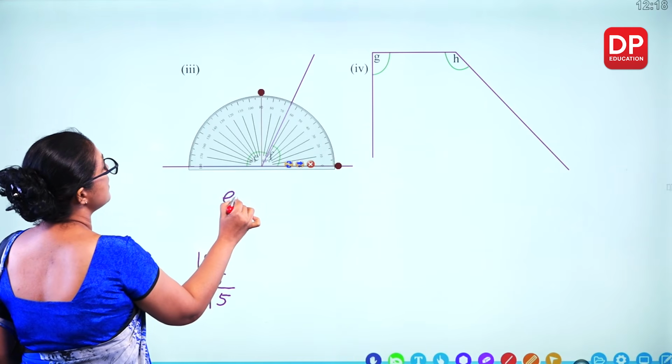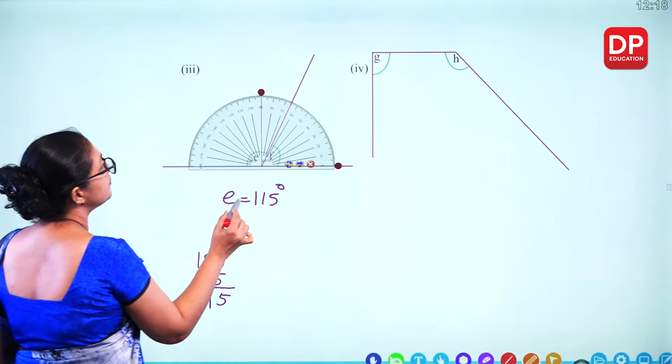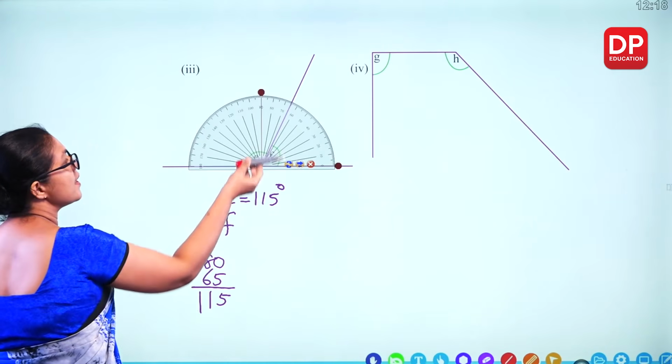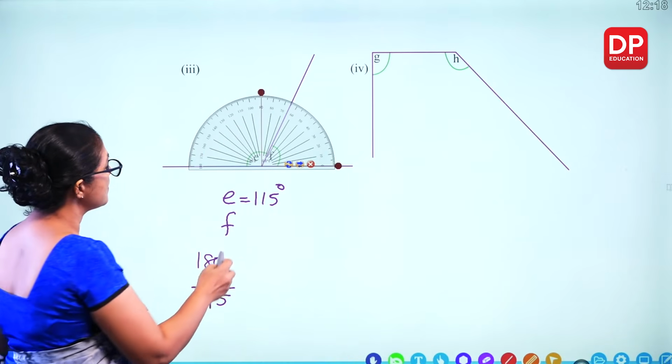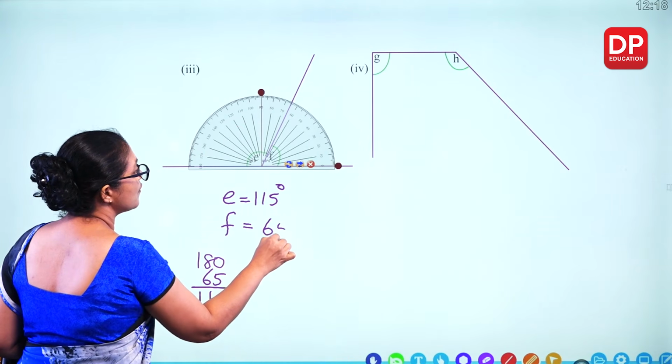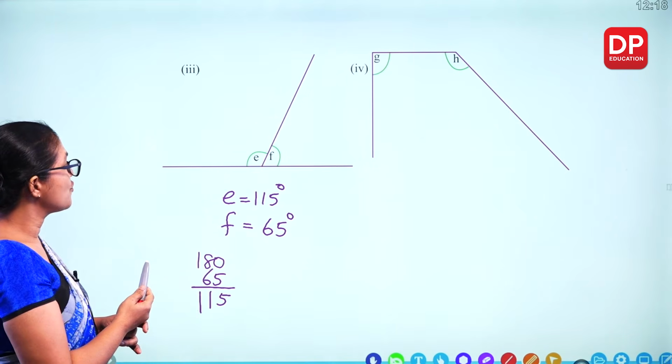So E angle is 115. F angle, the F angle is this way. So from here, that's 65. So when you add E and F, that's 180. Straight angle.